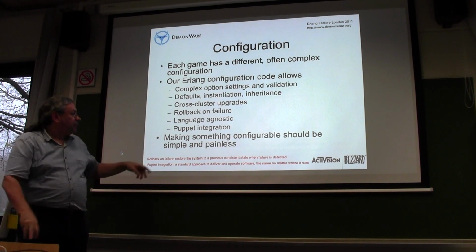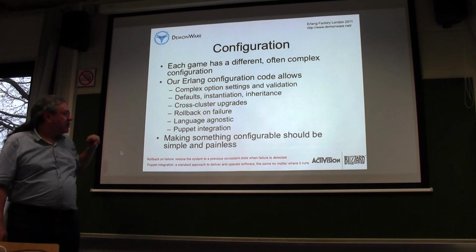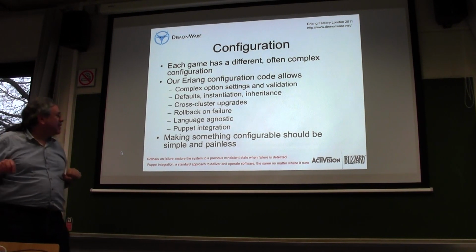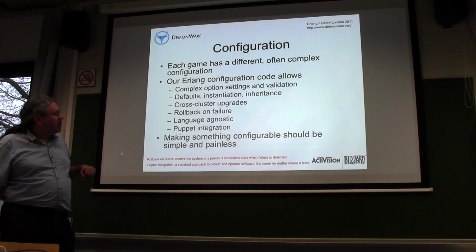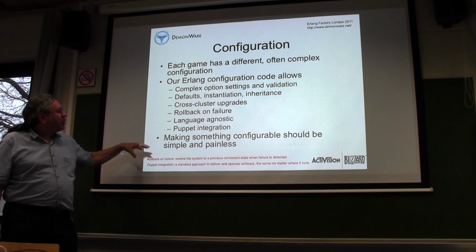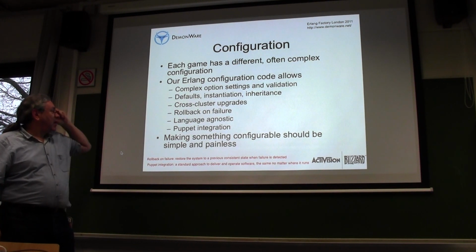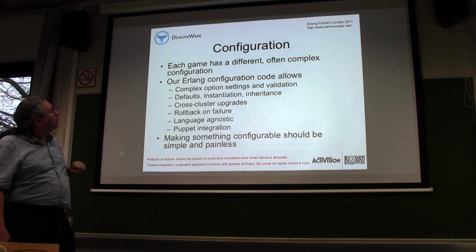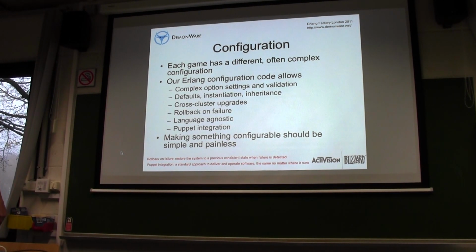Okay? And something called Puppet integration. Puppet integration, so there's a lot of kind of jargon buzzwords in the industry. Puppet integration is an approach for delivering and running the software the same no matter where it runs. Okay? So it's kind of independent of where it's running. Okay? And a lot of effort to make this as simple as possible. Usually configuration is one of the hardest things. Okay? So this was something they worked a lot on.